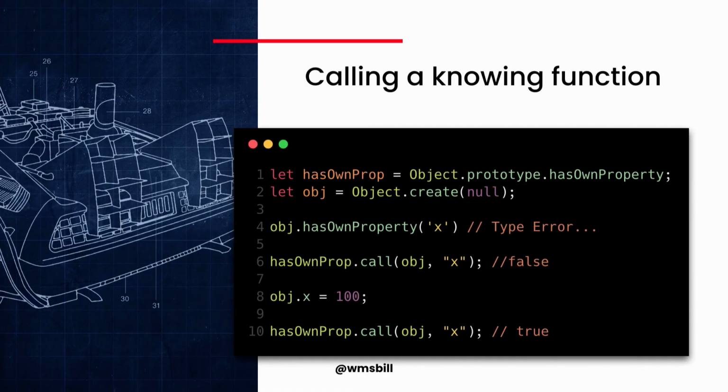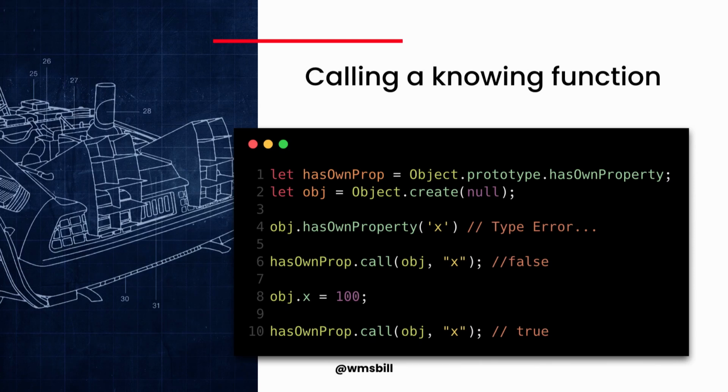For example, on line 2, you see that I have a new object called obj, but since I don't extend it from the object prototype, I don't have the hasOwnProperty. So whenever I want to check if I have the x property inside obj, calling hasOwnProperty on line 4 will throw a TypeError.